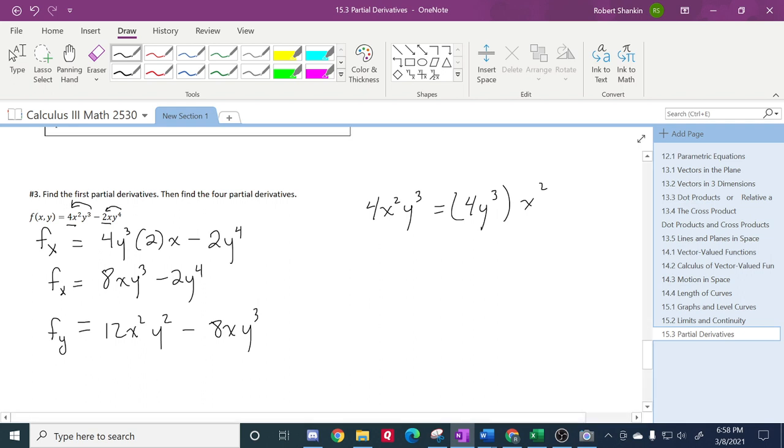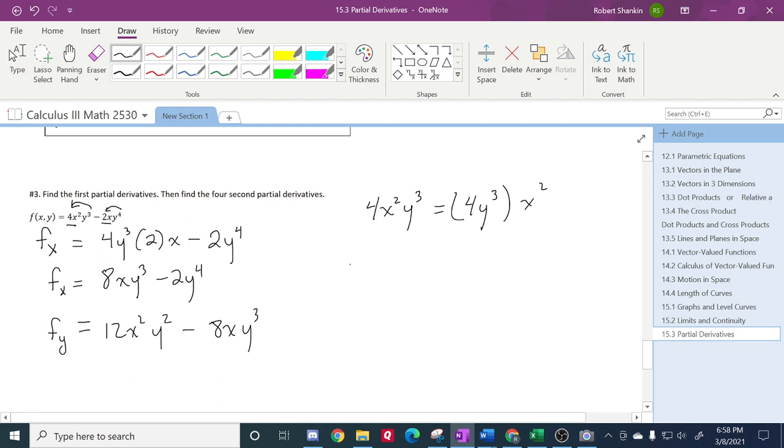So we did the first part. We found the first partial derivatives. Now it says, then find the 4, I should have left out a word, second partial derivatives. Now, what does it mean, the 4 second partials? Well, just like you can take y prime, y double prime, you could take extra partials.